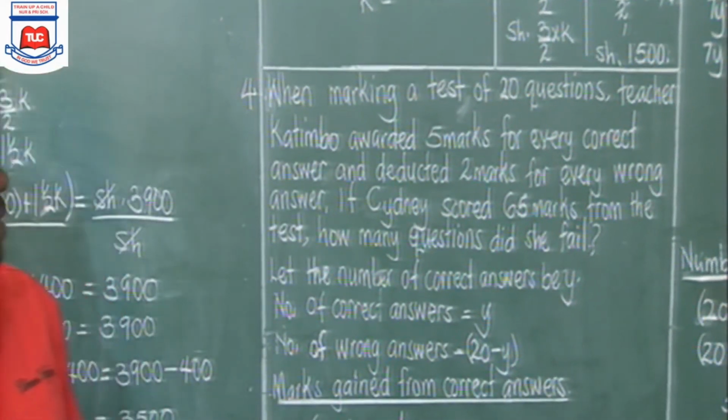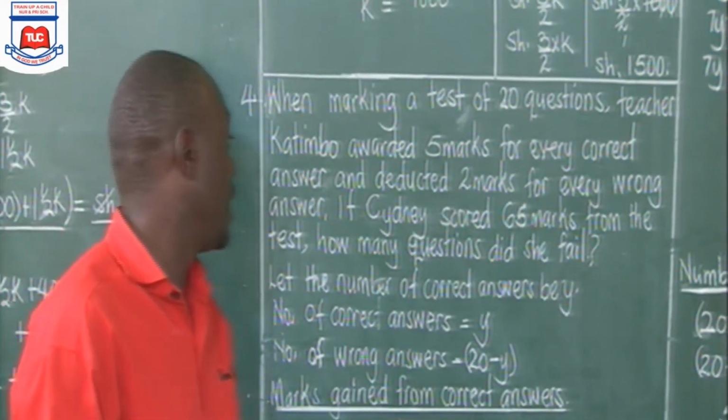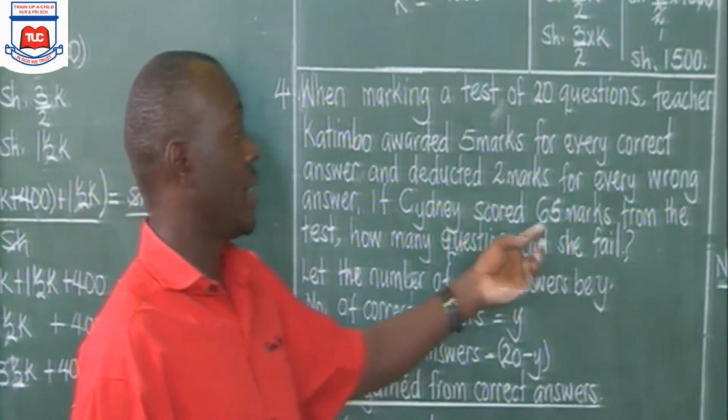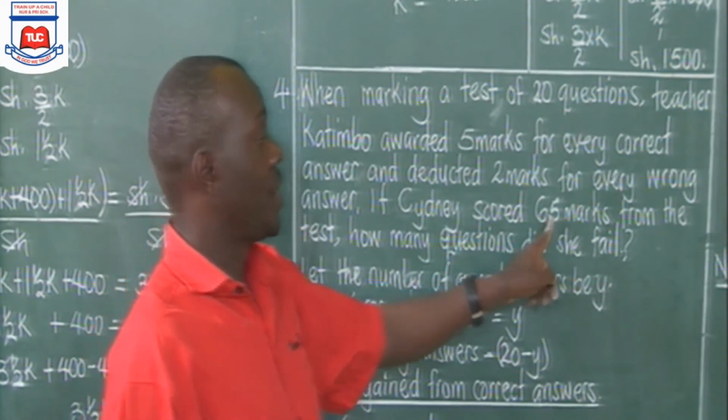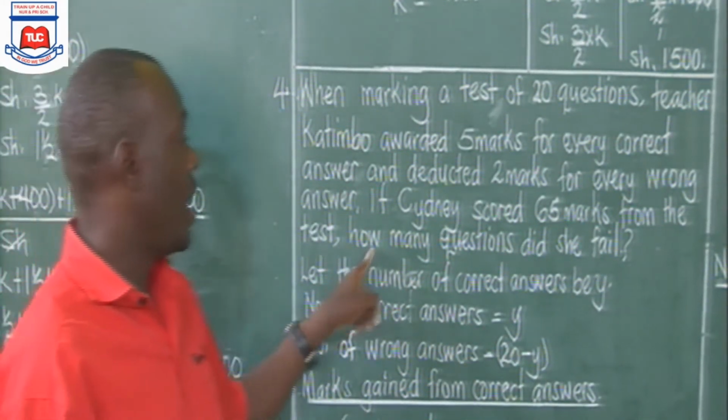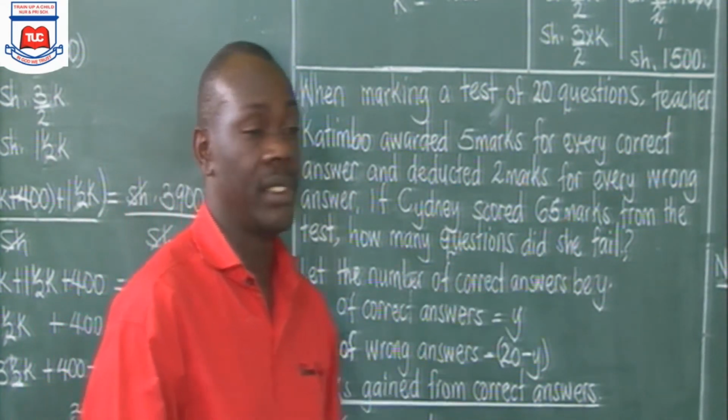If Sydney scored 65 marks from that test, how many questions did she fail?